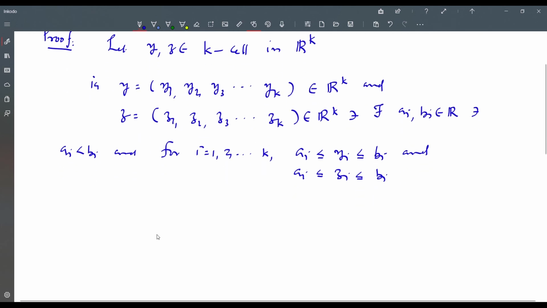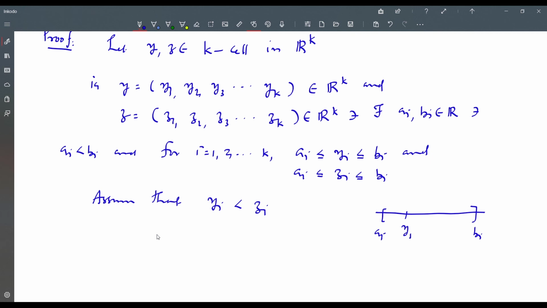Now assume that yi is less than zi. So this is the situation: this is ai, this is bi, you have yi here, and you have zi here, for i = 1, 2, ..., k.